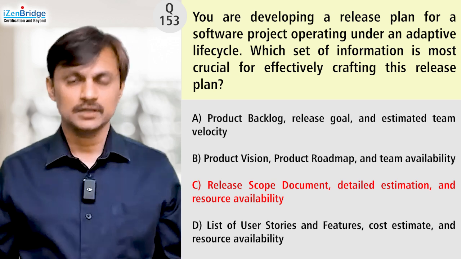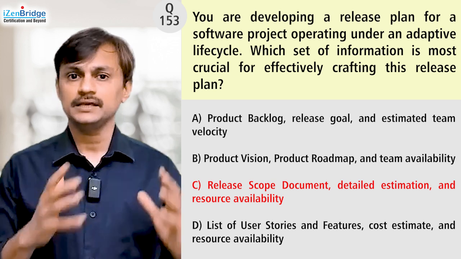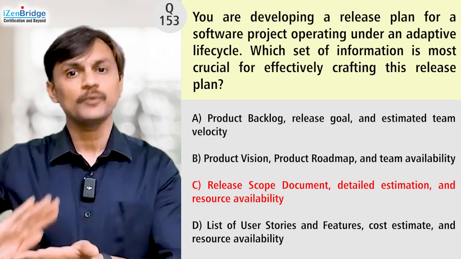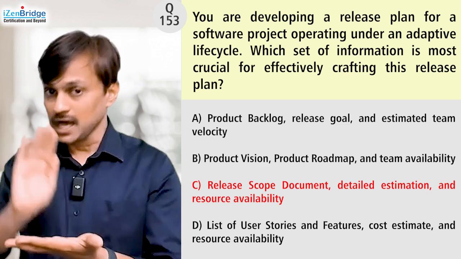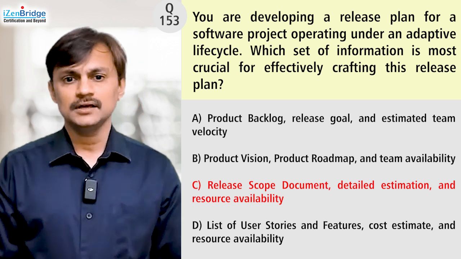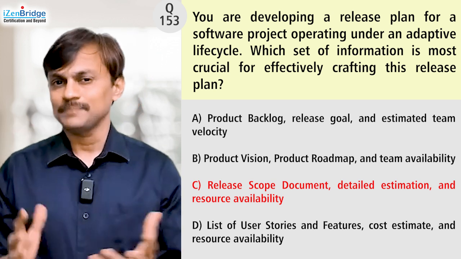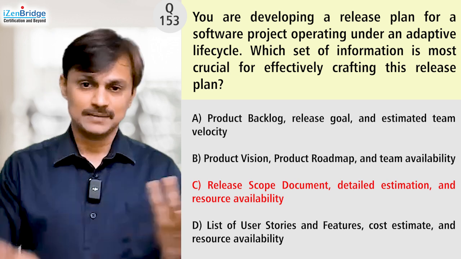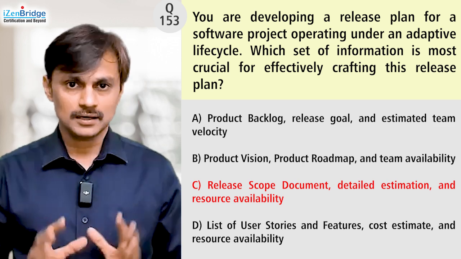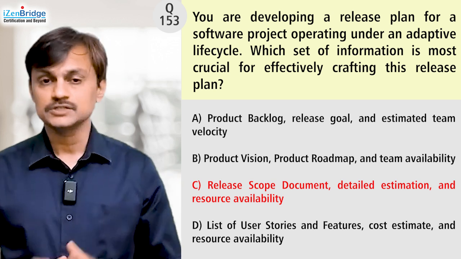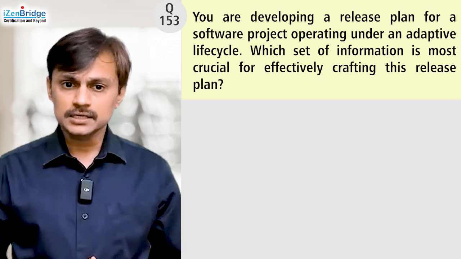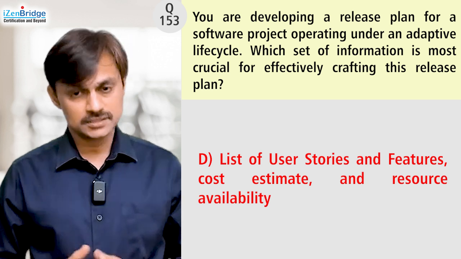Even when doing release planning in the agile way of working, we estimate at a high level, at a story point level. We are not going into the task breakdown there. So that's also a negative word. Resource availability: better is the team velocity, but yes, it's team availability. Since the first two are risky, and even the third is not very clear, option C can be ignored.